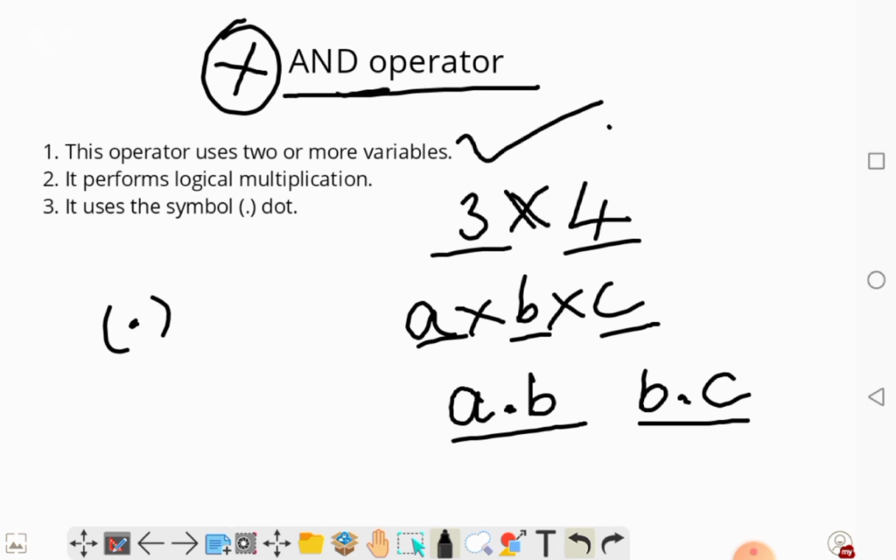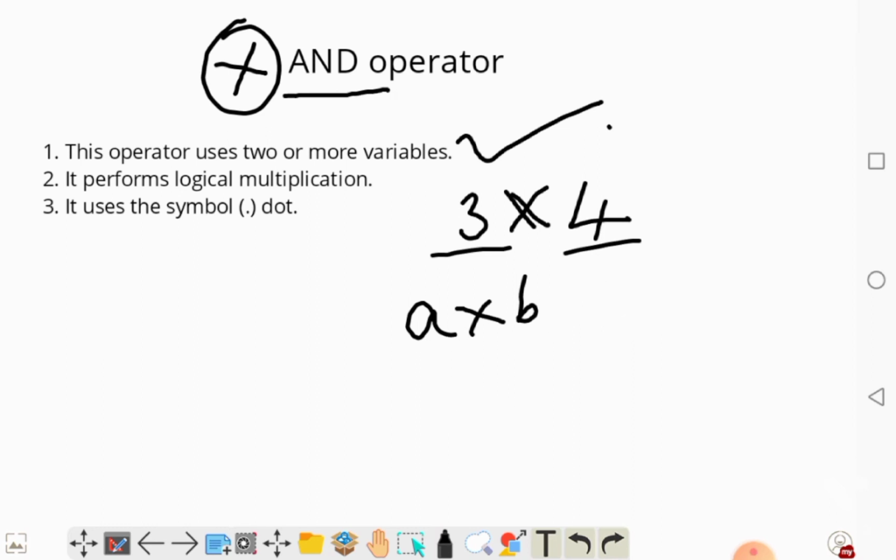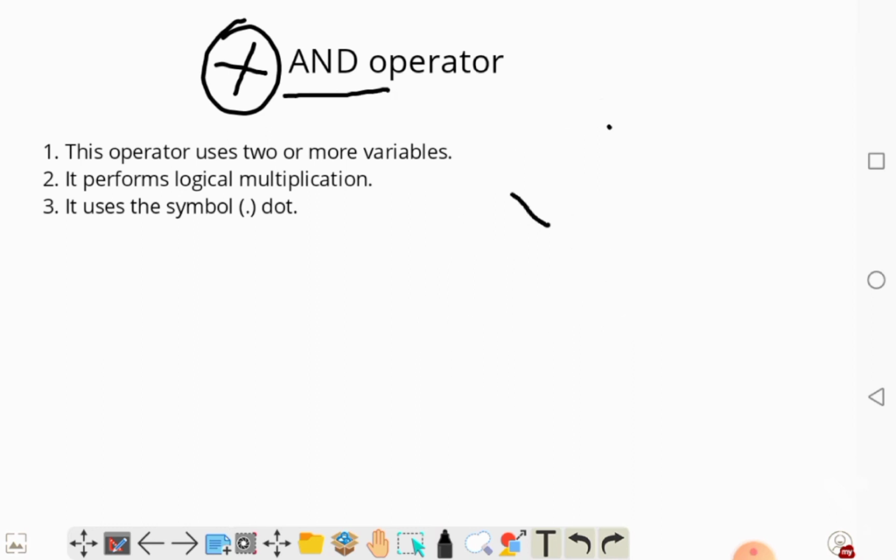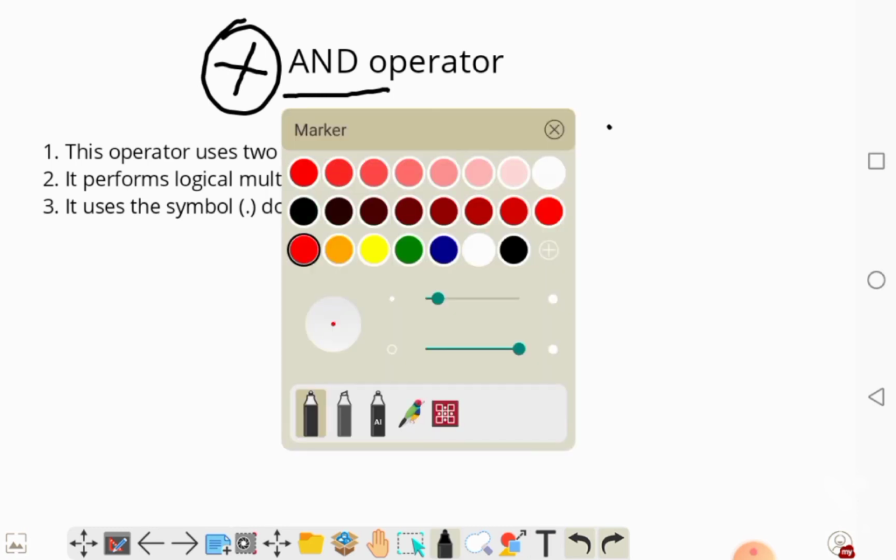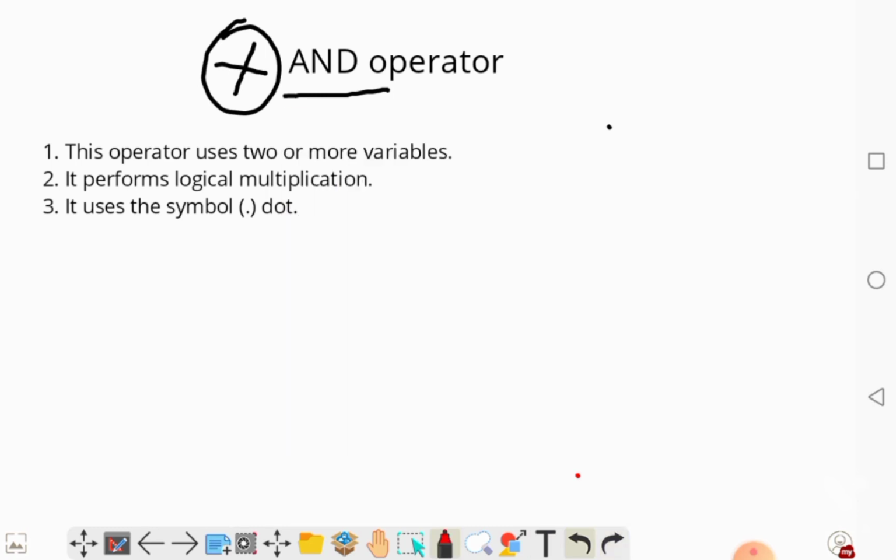Now we will see how many variables we have. We need a minimum of two variables. If we want to perform the multiplication, at least we need two values. Here we can take minimum two variables, a and b. The value of a can be 0, 0, 1, 1, and b can be 0, 1, 0, 1.